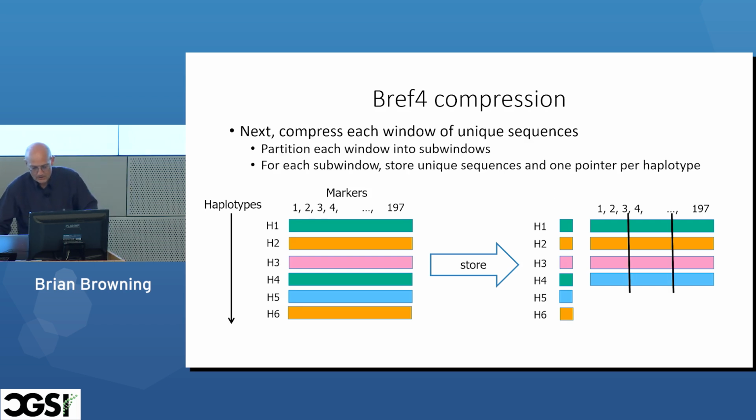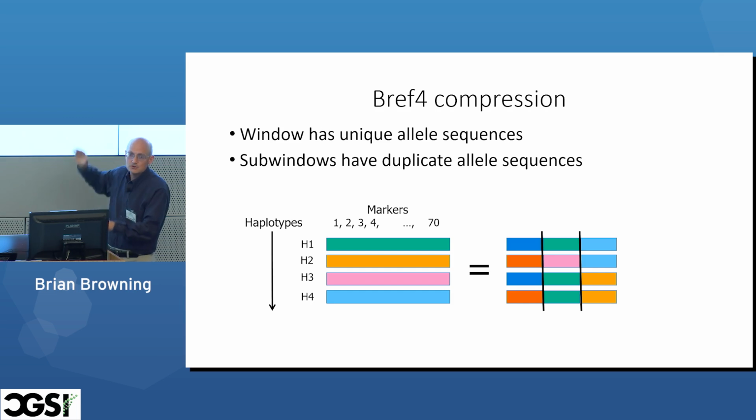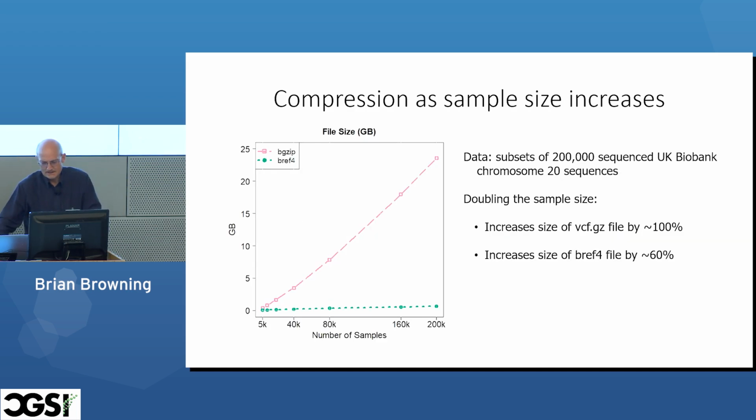You break it up into windows, and once you go into sub-windows, haplotypes that are unique in the window on the left now show some duplication, which I've tried to show with colors. Once you have repeated haplotypes, you can store just the unique haplotypes in the sub-window and get further compression. You repeat this, in my implementation, until you get down to a sub-window with less than 16 haplotypes. Then you stop.